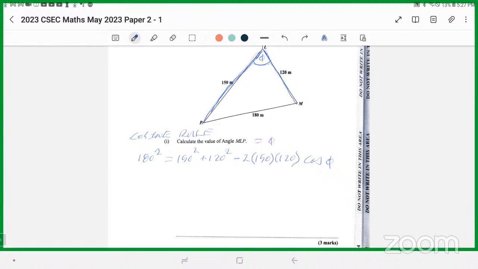So it will be 2 times the 150 times the 120, and the cosine of phi will be equal to, this remains on the right side, which is 150 squared plus 120 squared, and you're subtracting this value, which is 180 squared.